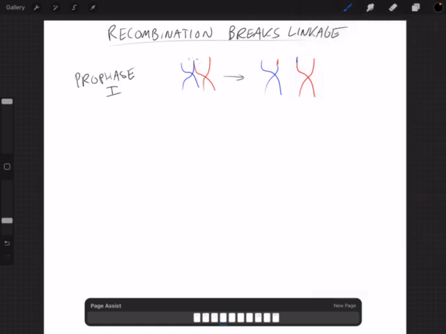So it turns out you can have what are called single crossovers, where, as we've drawn here, a single piece of chromosome is swapped between two chromosomes. It can also happen twice and give us double crossovers. Let's start with a single crossover.